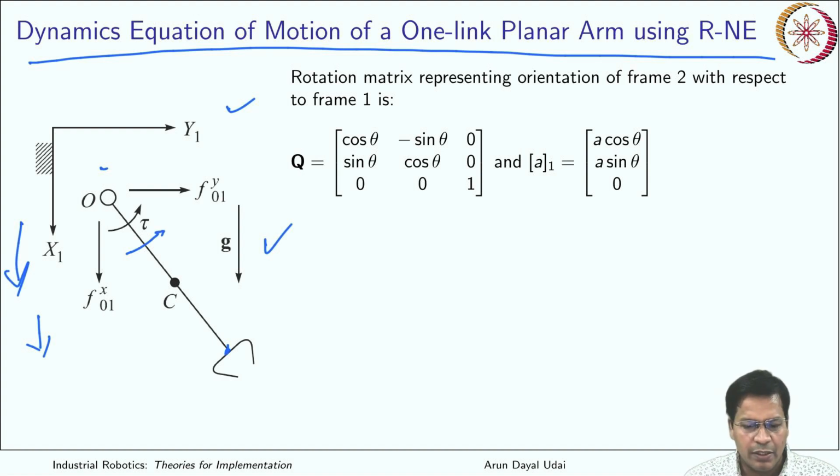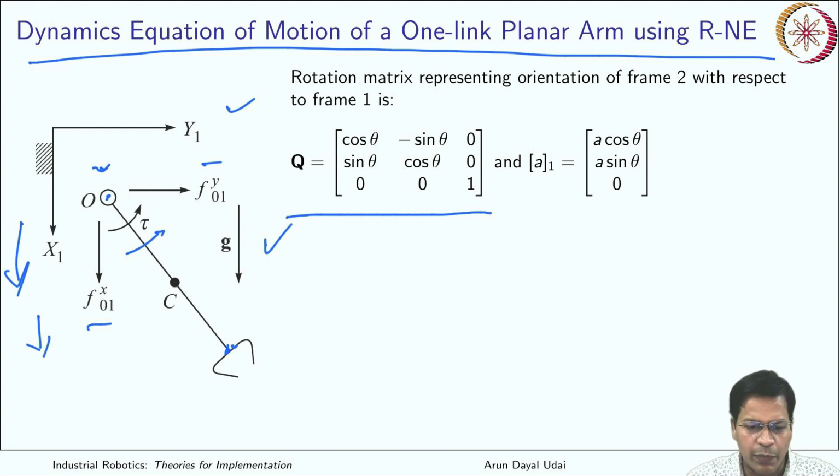These are the reaction forces that act over here. I have just isolated them, and I will check what forces are going to come. So this is the transformation matrix, which is nothing but frame 2 expressed with respect to frame 1.